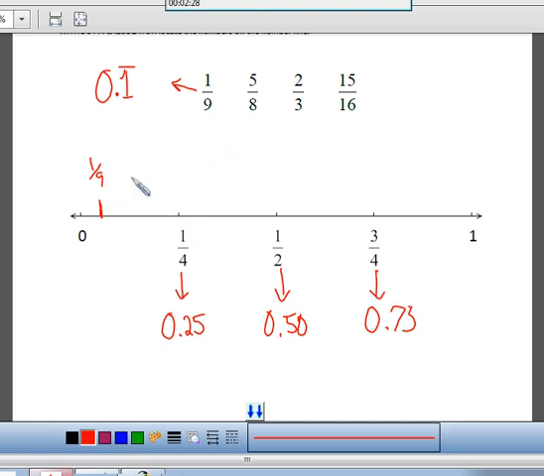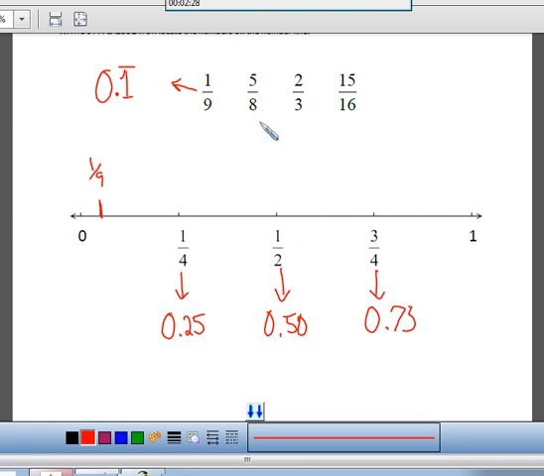We already took care of 1/9. 5/8, I know that's more than a half. Is that as much as 3/4? It is not, because 6/8 would simplify to 3/4. So 5/8 is definitely less than 3/4.